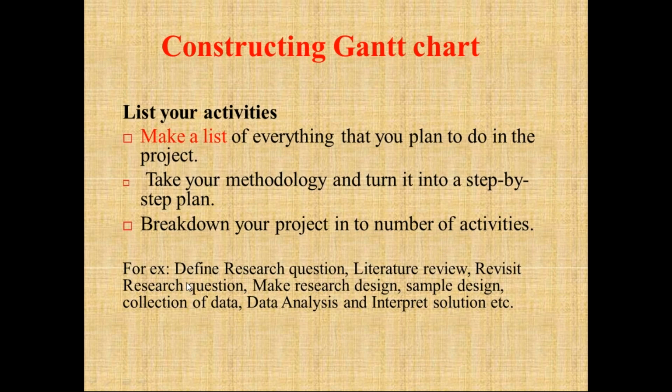First one is defining the research question. Then it can be literature review. Then we can revisit the research question, make research design, sample design, collection of data, analysis, and interpret the solution, etc.